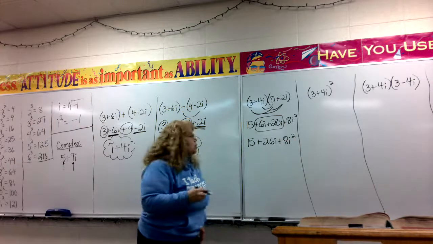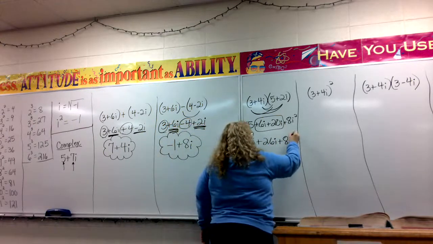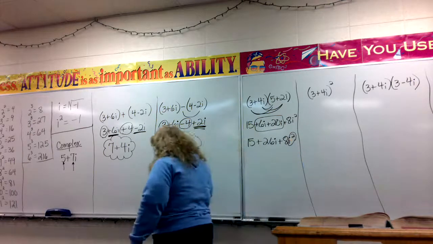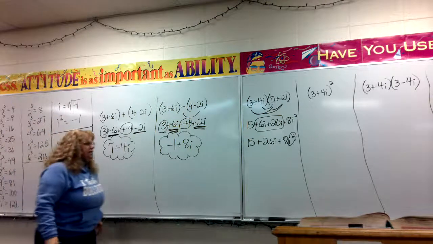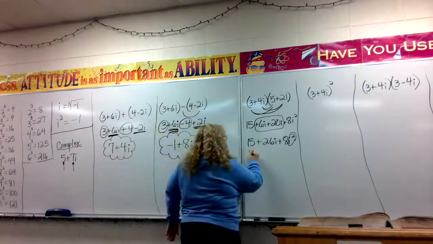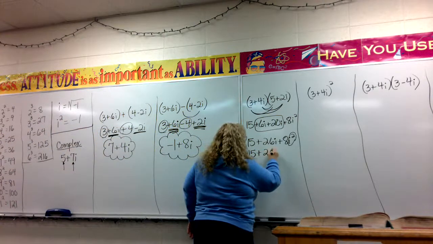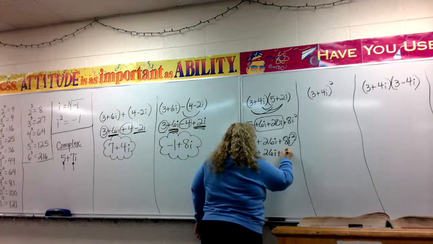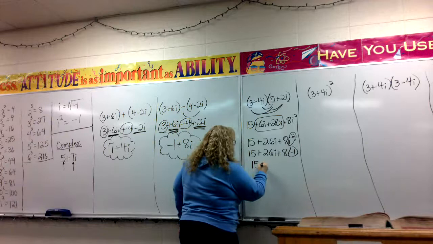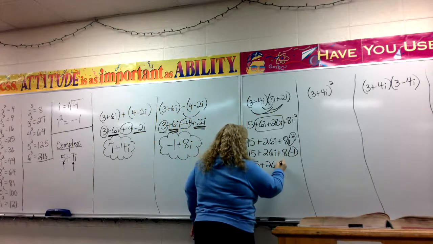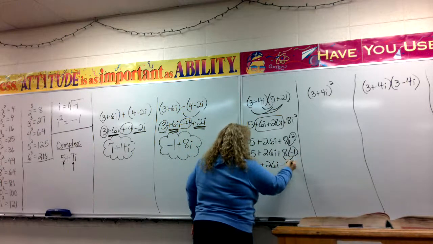Now, the only difference is i squared. What is i squared again? i squared is negative 1. So right here, we can replace the i squared with -1, which means that's going to be a -8 then, right? If we multiply.